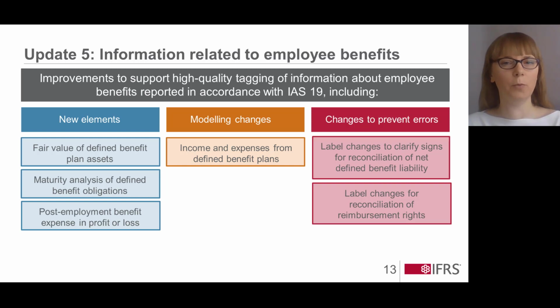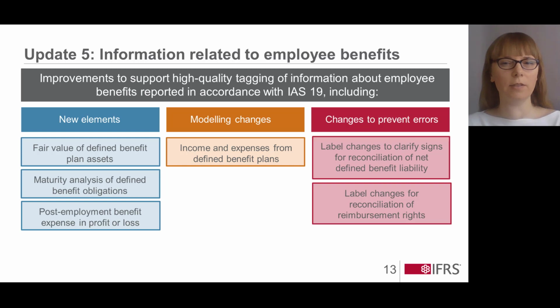In Update 5, we explain changes to the IFRS taxonomy that better reflect information related to employee benefits accounted for applying IAS 19. We added new elements to reflect common reporting practice. For example, we added a set of elements to allow tagging of a disaggregation of the fair value of defined benefit plan assets, which is presented as percentages.